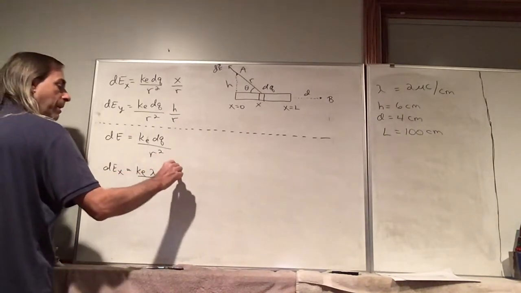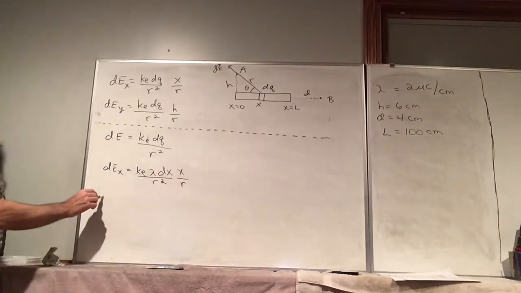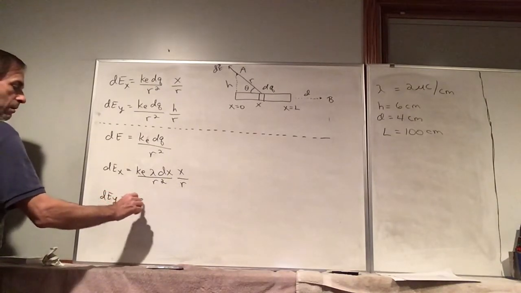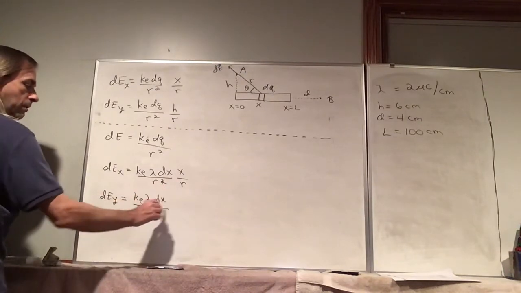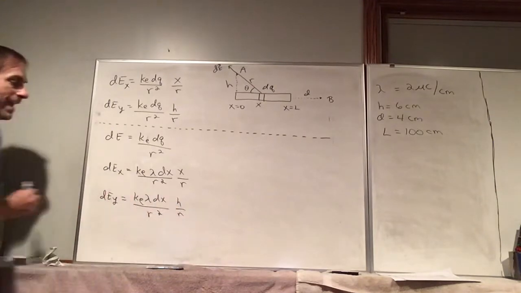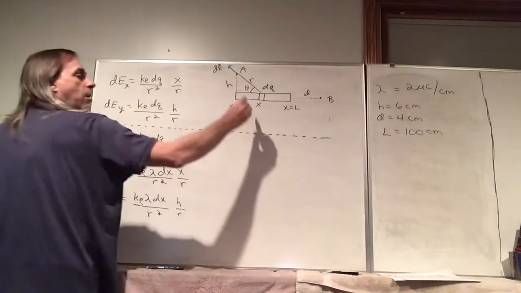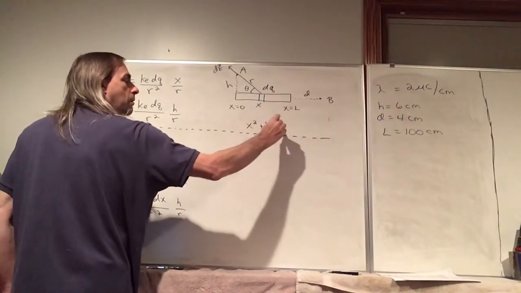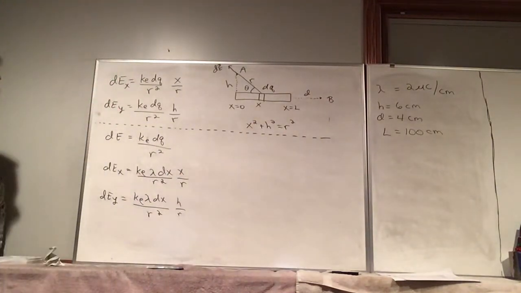And then we multiply by cosine of theta, which is x over r. And similarly, dE_y, that would be the magnitude times sine of theta, which is h over r. Now, from this triangle, we can see that x squared plus h squared equals r squared.